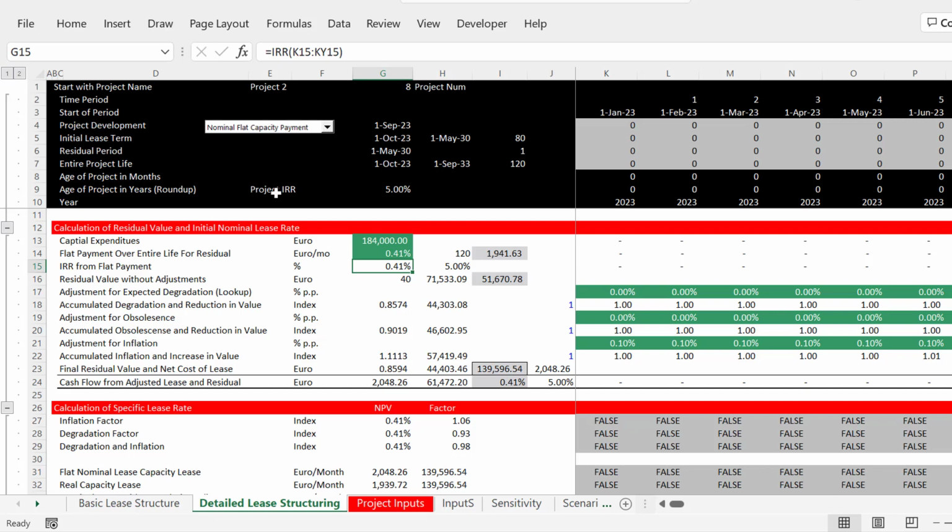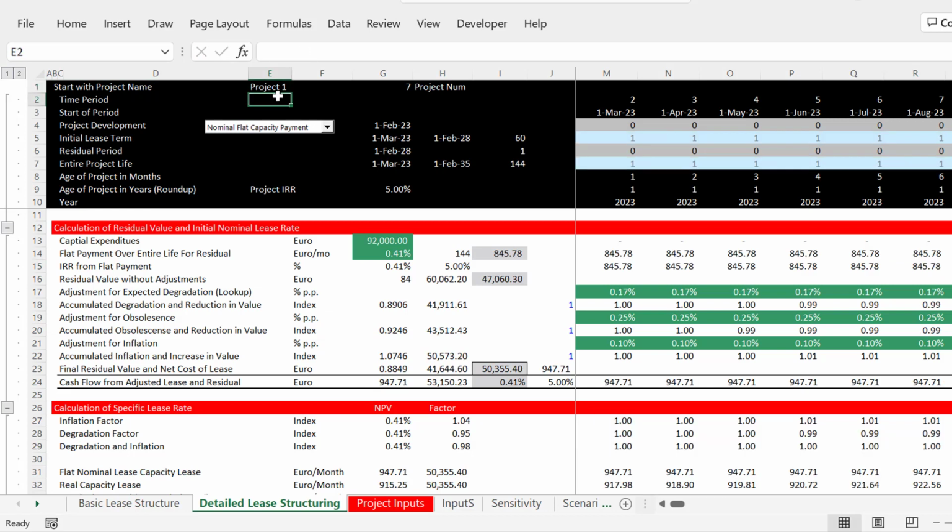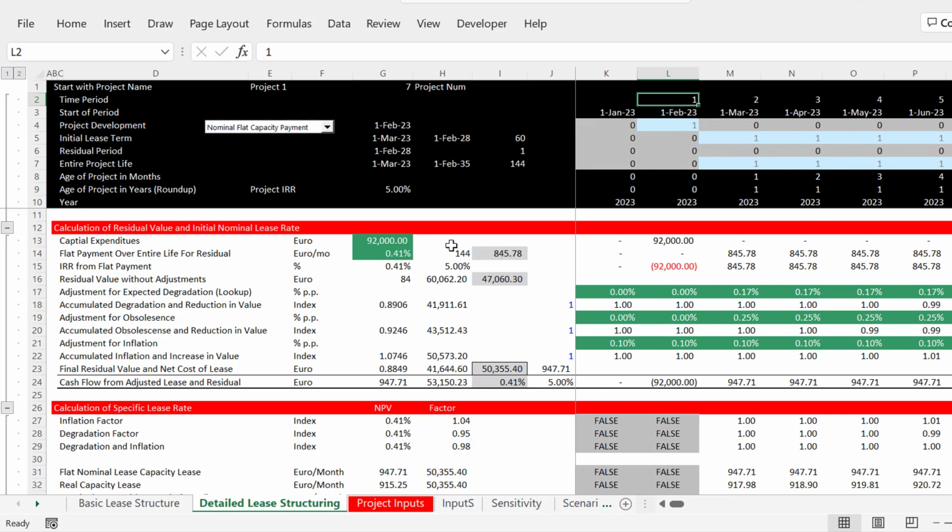Then let's compute the IRR, and let me put project one in here so we can see our CapEx. Here's our CapEx, and of course, we get our target IRR. And then we look at the residual, and this time we put it in months, not a big deal.